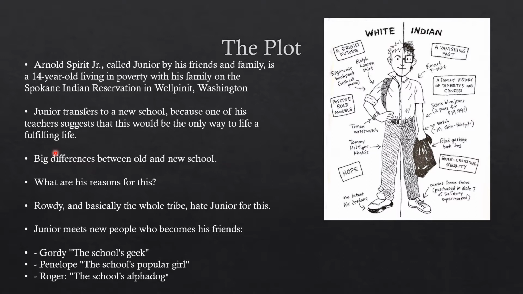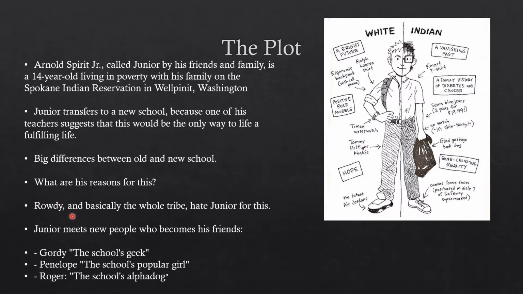And it's quite useful when learning about culture, because the main character is really the author. It is a true story. The reasons for all the differences you can see here: how you dress, how you behave, how you speak, where you come from, all that. So he becomes another guy at the new school.